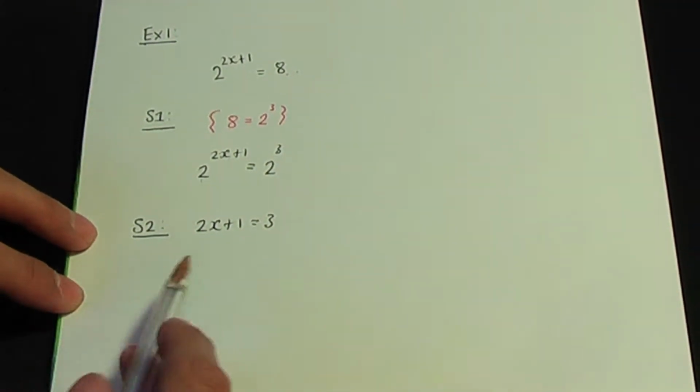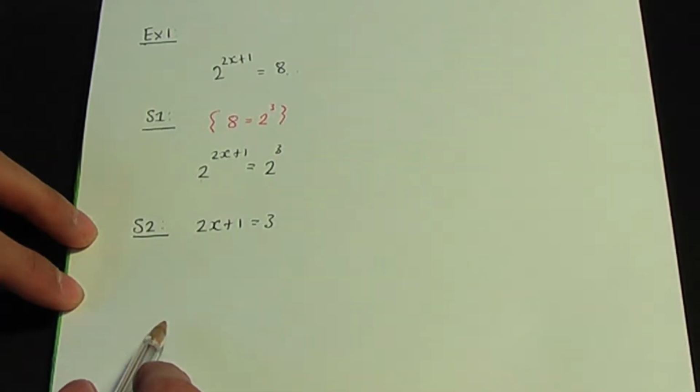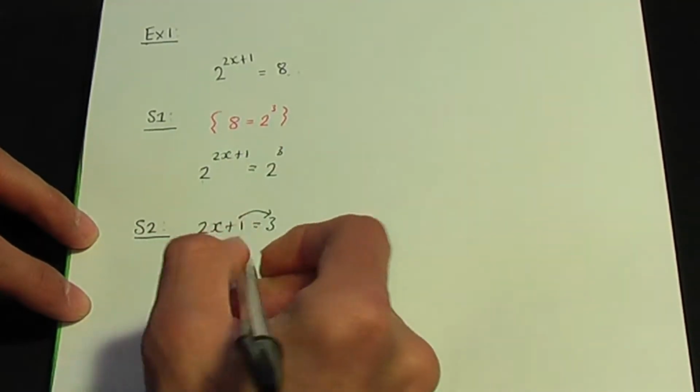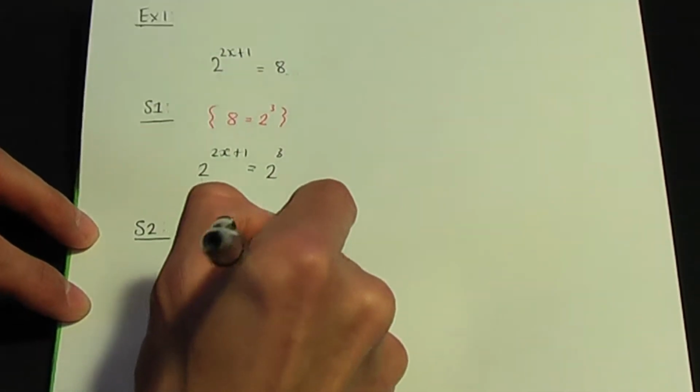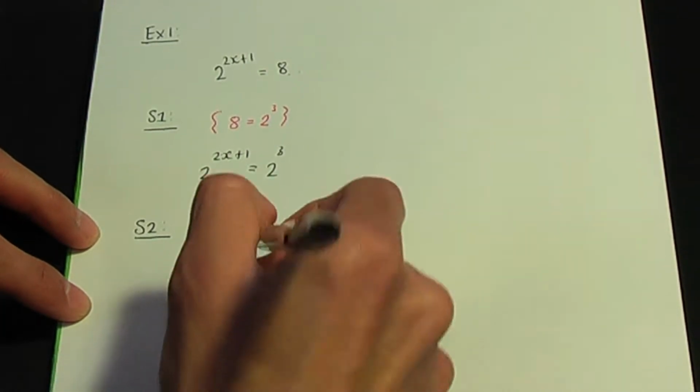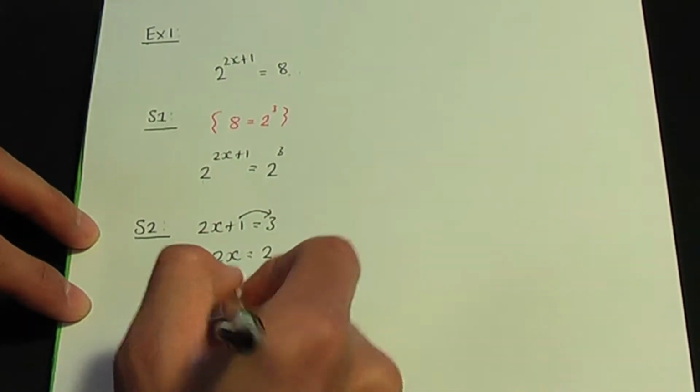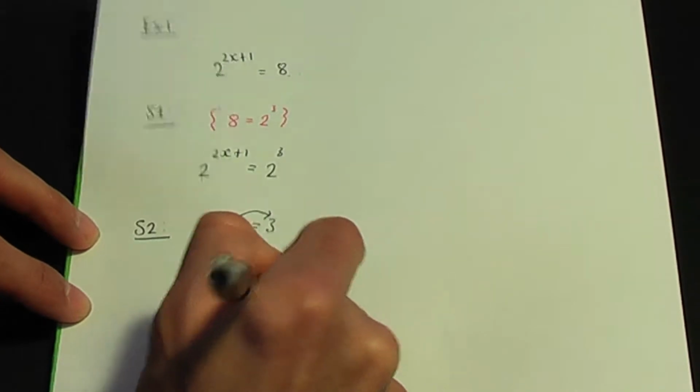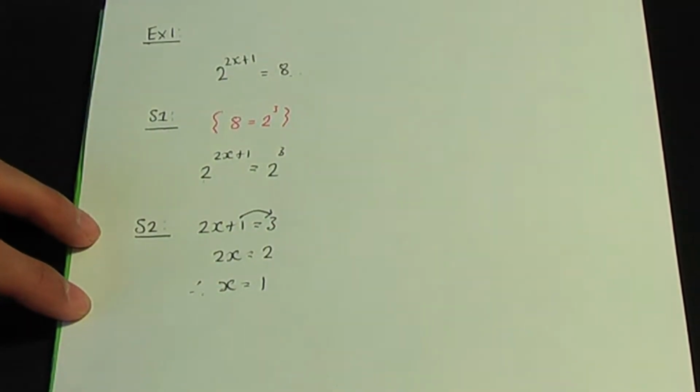Now we need to rearrange this equation and find the unknown term x. If I take 1 to the opposite side, 2x is equal to 3 minus 1, which is 2. So x therefore is 1. So that is the solution to example 1.